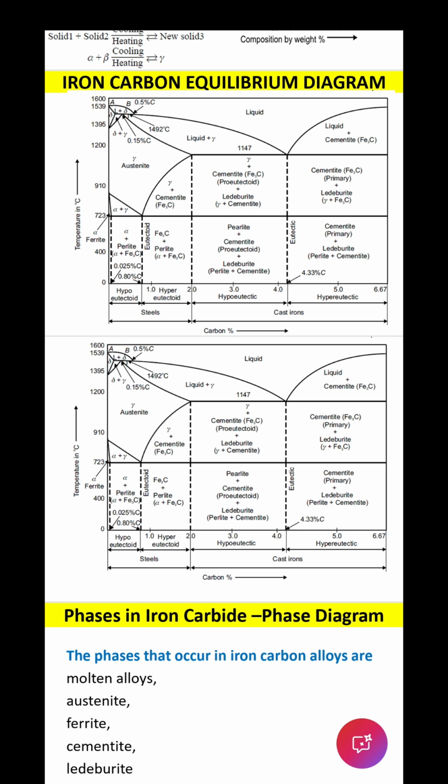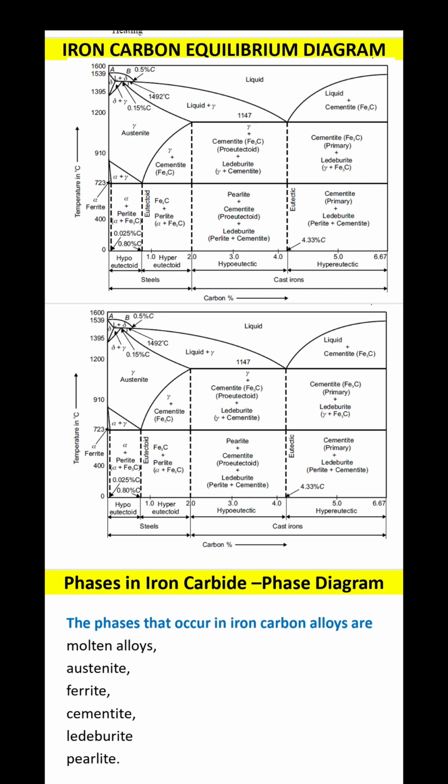Initially the curve starts at the 0 degree temperature. Then it goes to 723 degrees Celsius and touches 910 degrees Celsius. In that region completely alpha ferrite takes place. After that you mark the curve from 910 degrees Celsius to 0.8% of carbon.